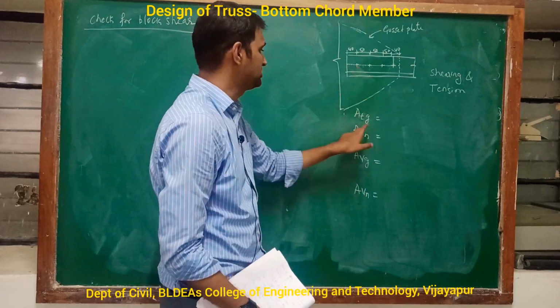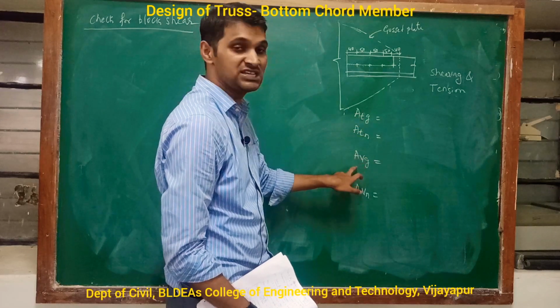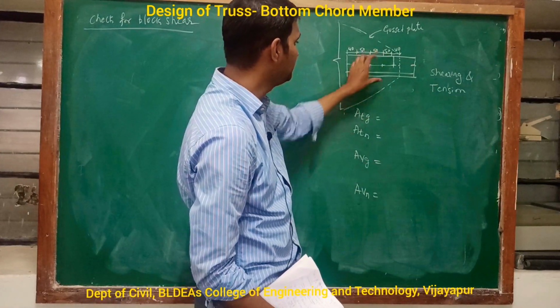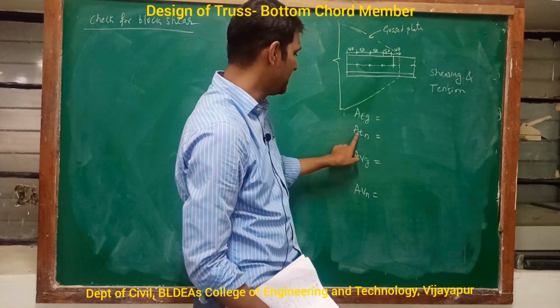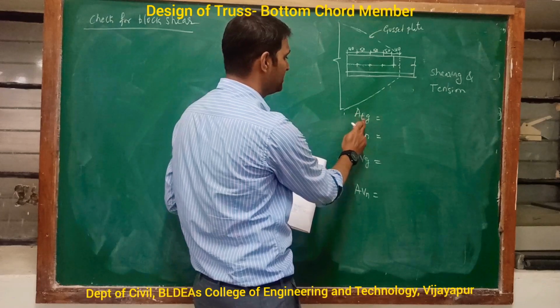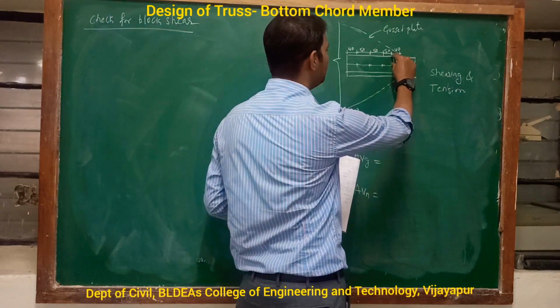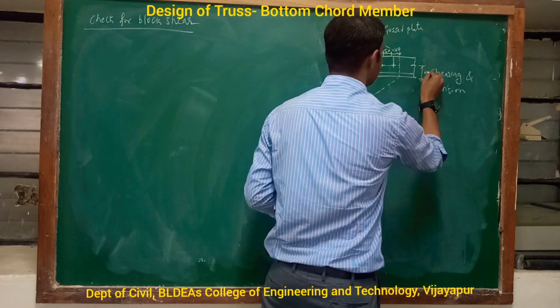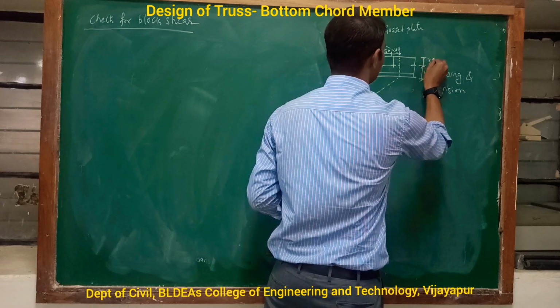So now this section will be subjected to tension as well as shear force. First we will be calculating gross area under tension. Now this will be the length which will be subjected to tension. Now this we have seen, this is 45 and this is 35.